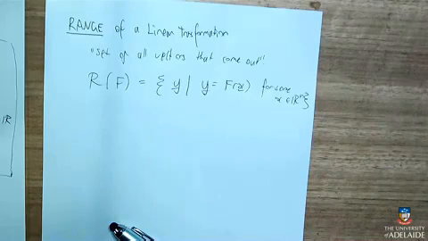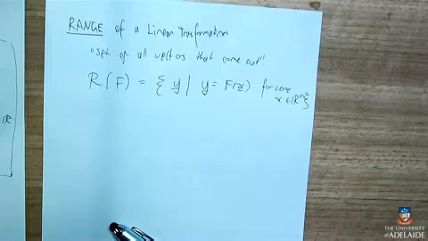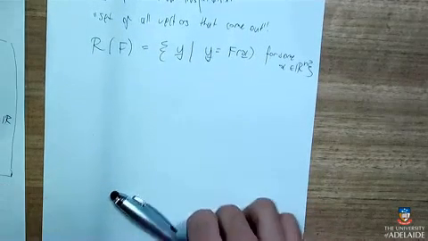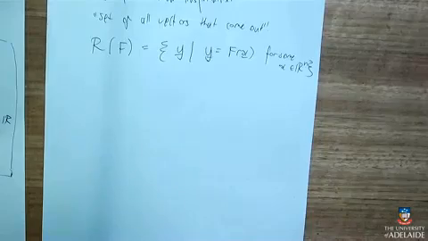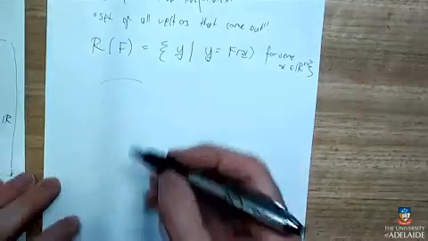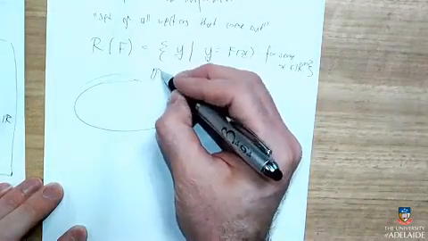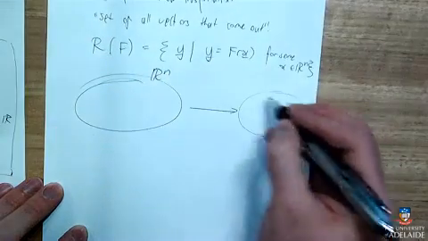And so it turns out that lots of linear transformations don't cover all of the space that they're going to. So the picture in my head, everything in more dimensions than 2 is a blob. And so here is Rn, and here is Rm.